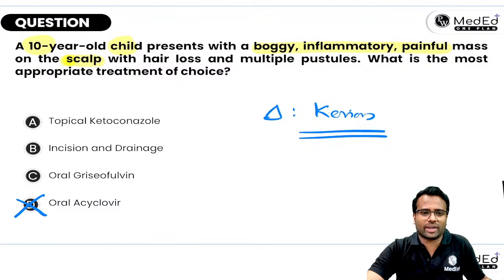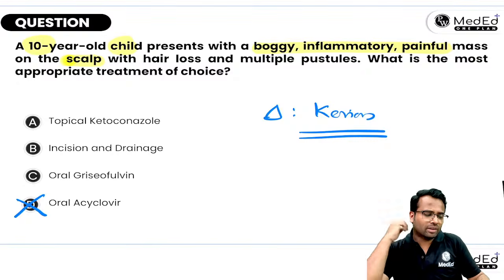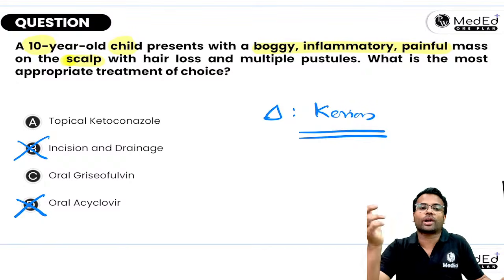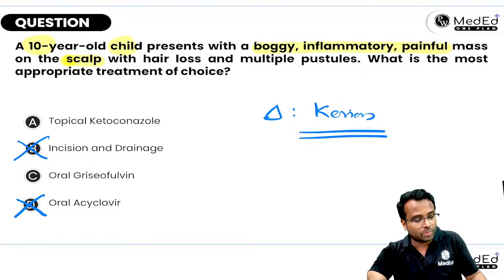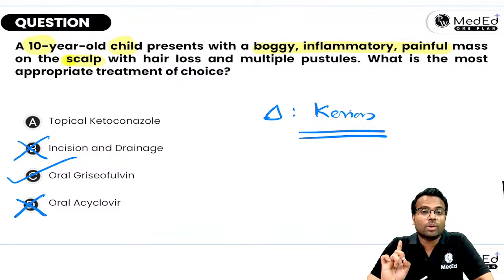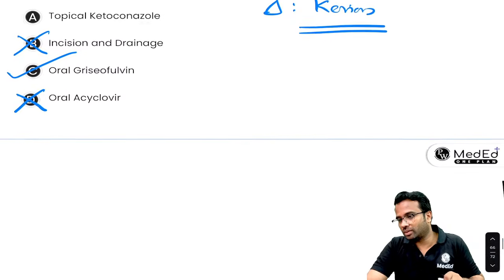It is not an antiviral thing that you need to give. Maybe not incision and drainage also. Are you going to give ketoconazole or griseofulvin? Yes, the answer should be C, that is oral griseofulvin. I told you the drug of choice in tinea capitis is griseofulvin. Very good.